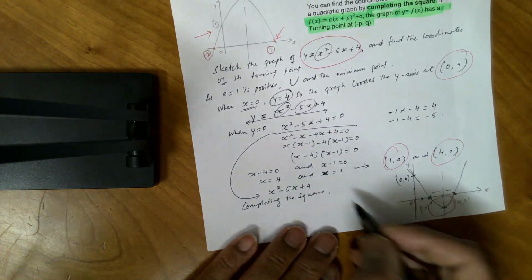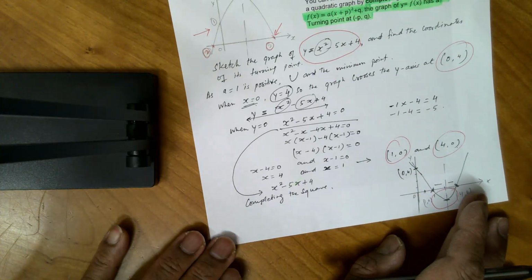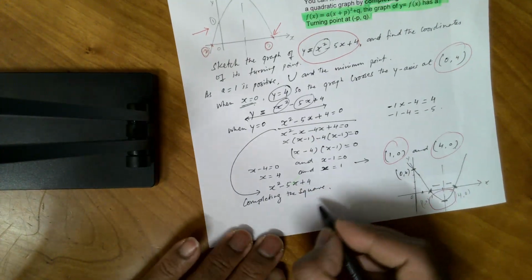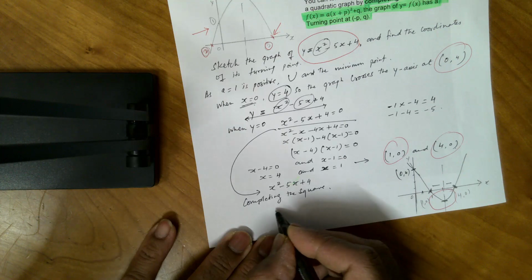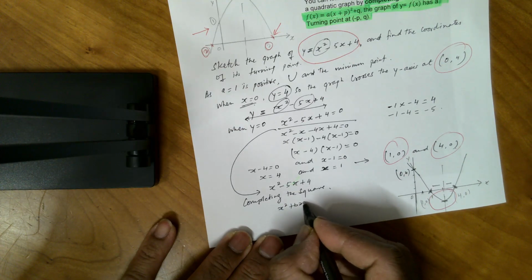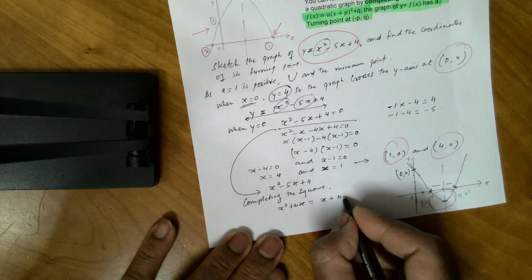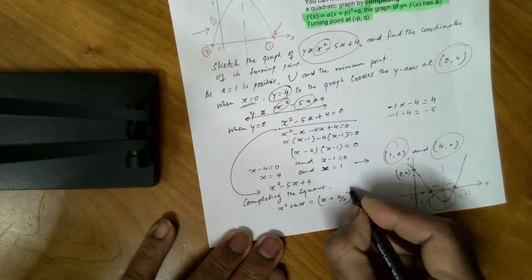The formula would be, this is what I have discussed in the previous video. This is how we achieve this by completing the square. I will write it down for you.